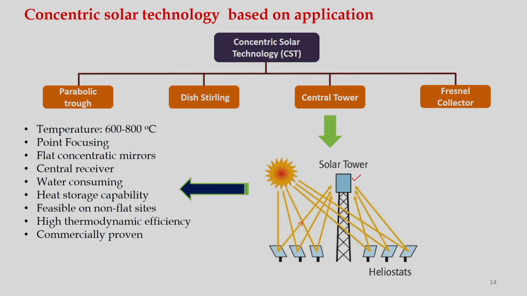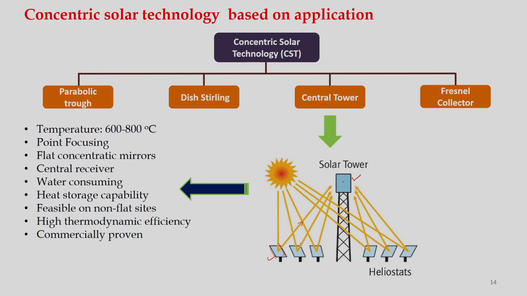So, very high temperature will be attained here, and then that has to be carried by using some kind of arrangement we will discuss. In this kind of arrangement, temperature can go up to a value of 800 degree Celsius, okay. Of course, it uses a point focusing device, and also as you can see, these are flat concentric mirrors, okay. These flat concentric mirrors are used.